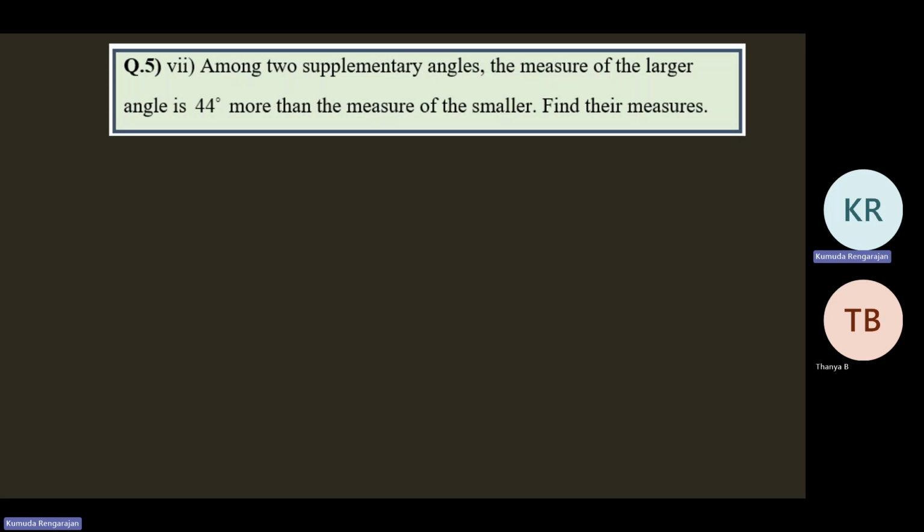Among two supplementary angles, the measure of the larger angle is 44 degrees more than the measure of the smaller. Find their measures. I'll read it again. Among two supplementary angles. So first assume the question talks about two supplementary angles. So first assume the angles. Let the angles be.